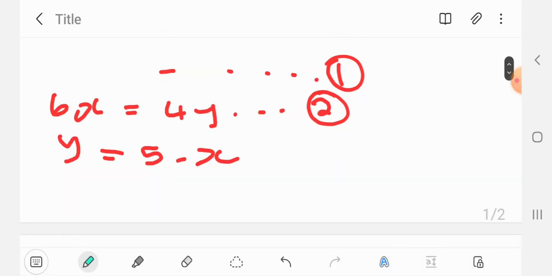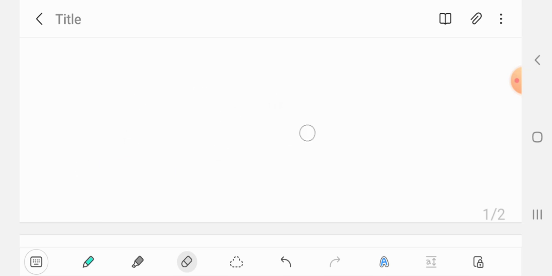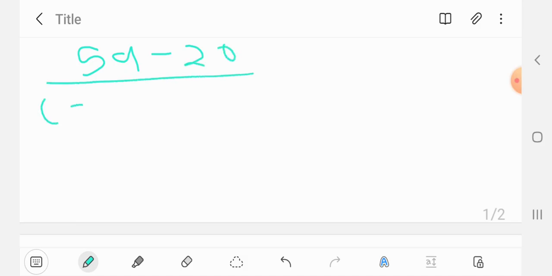Let's erase what we had written previously, and then that will give us a minus 20 all over a minus 4 all over a plus 3. Okay, that is what we can have.